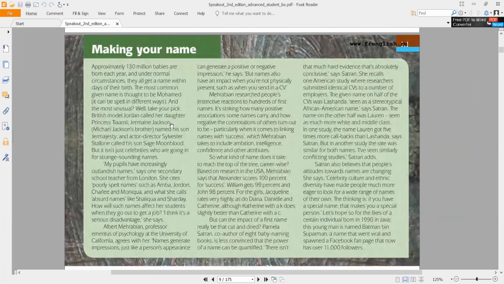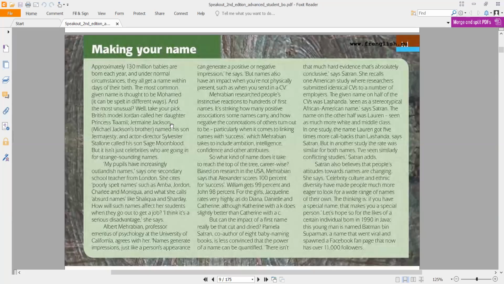Approximately 130 million babies are born each year, and under normal circumstances, they all get a name within days of their birth. The most common given name is thought to be Muhammad. It can be spelled in different ways. And the most unusual, well, take your pick.